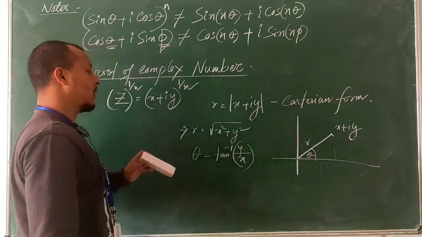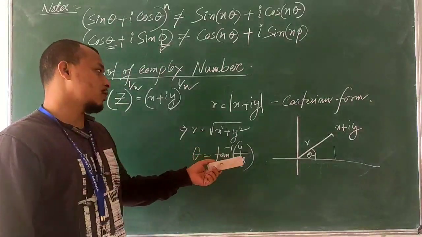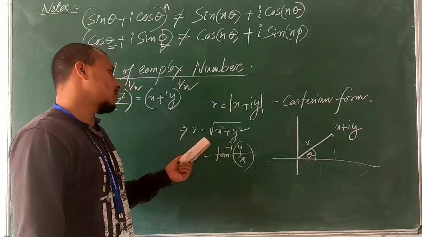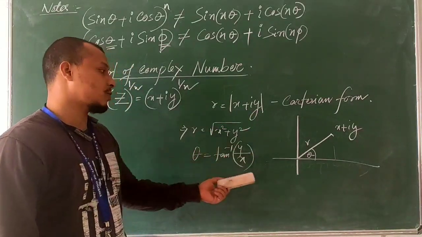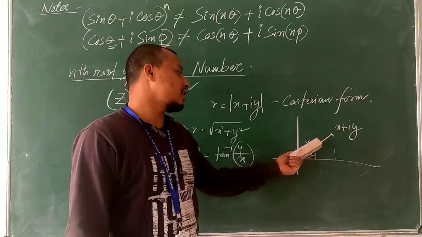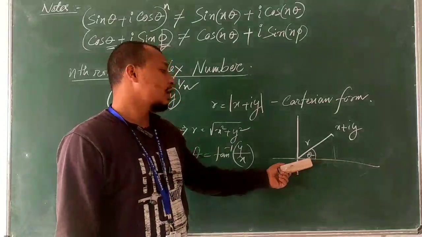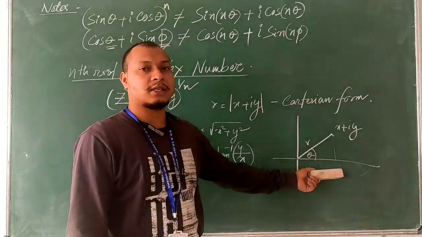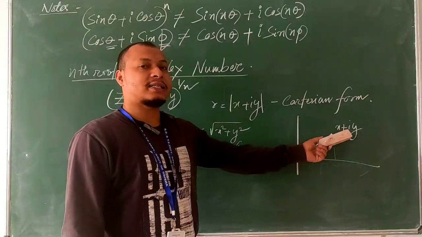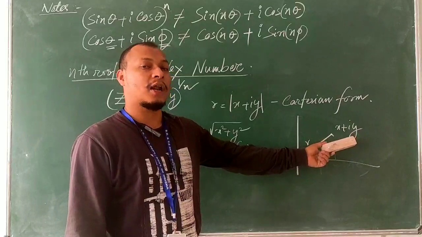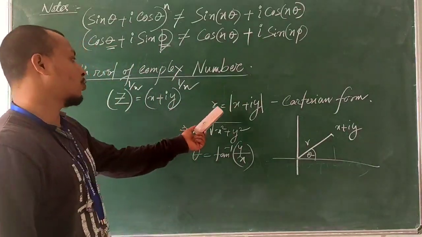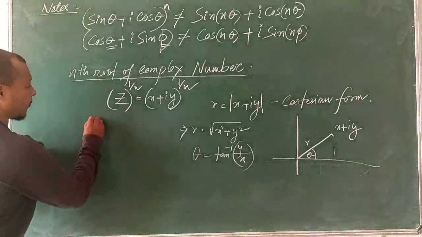When the Cartesian form is given and you convert to polar form, we need a distance, the distance from the origin to this complex number, and an angle, the angle of inclination with respect to the x axis. Then we can locate that complex number in polar form. So basically we need r and theta.